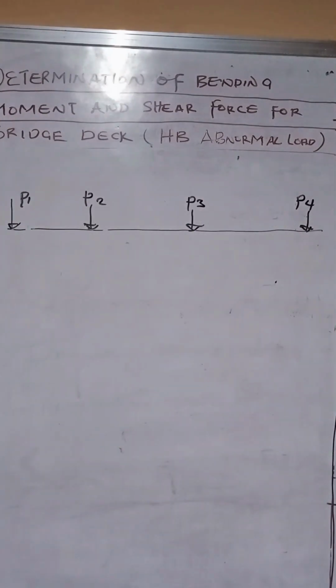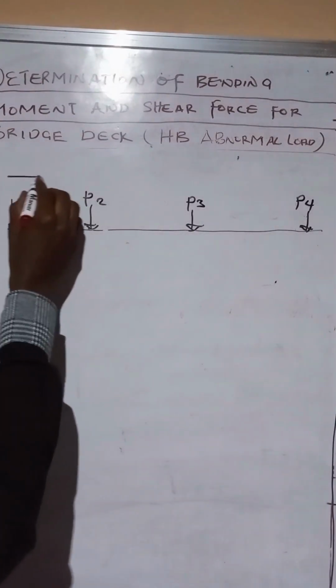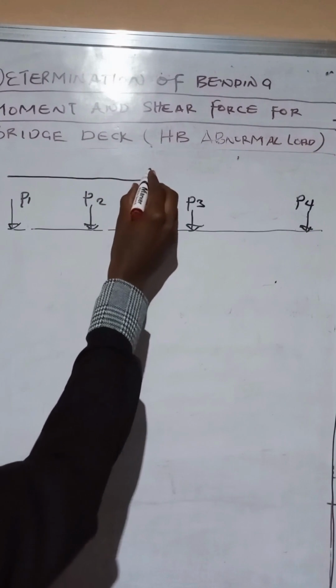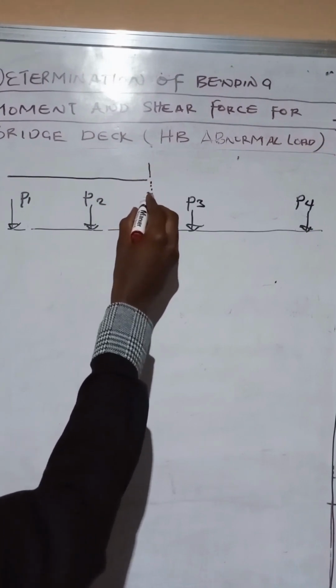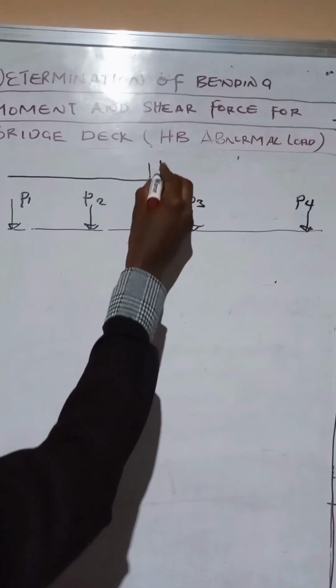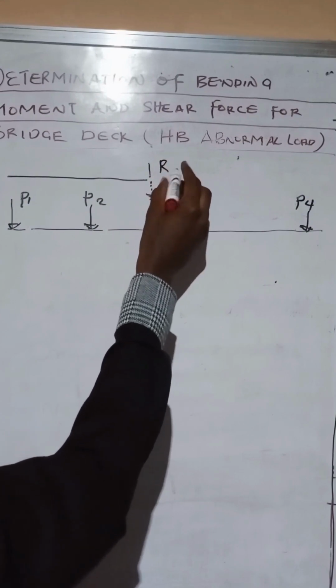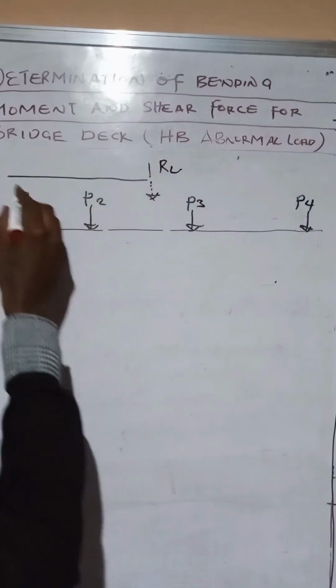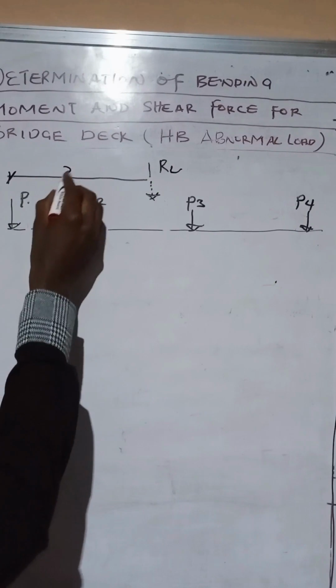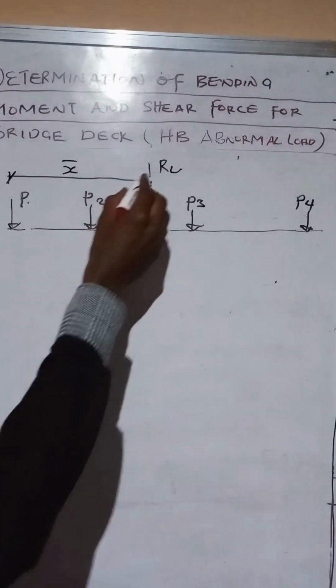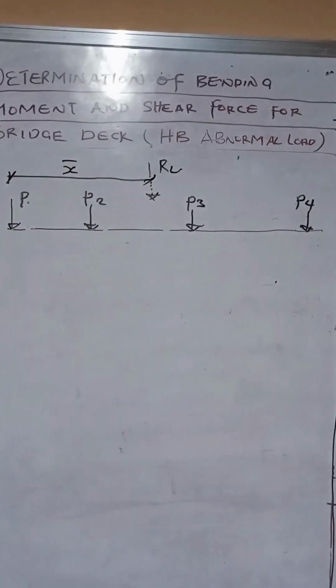Let's assume we have our center of gravity somewhere around here. We do not know, but let's call it somewhere around here, the center of gravity of the resultant load, and let's call it bar X.